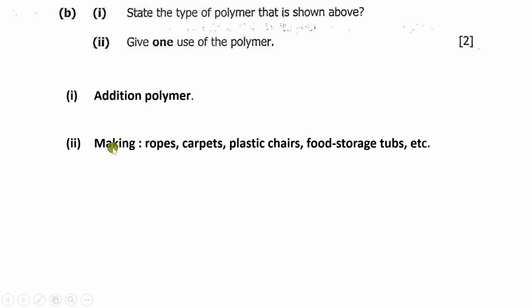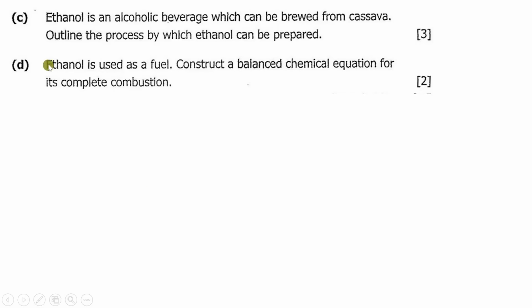One use of polypropene is in making ropes, carpets, plastic chairs, food storage tubs, etc. Then we come to the other part which wasn't showing: ethanol is an alcoholic beverage which can be brewed from cassava. Outline the process by which ethanol can be prepared.